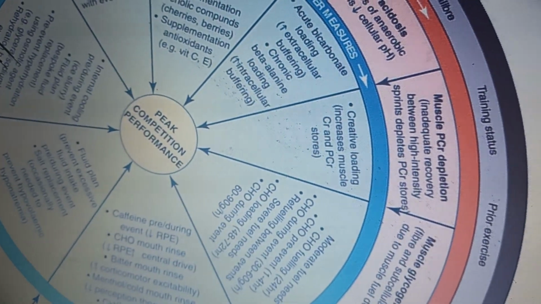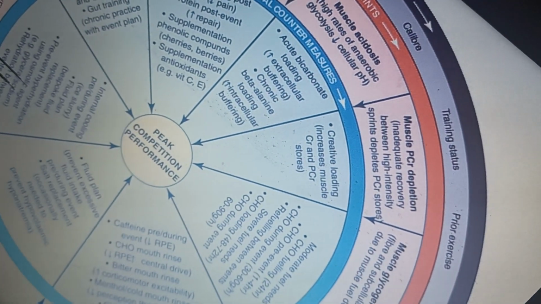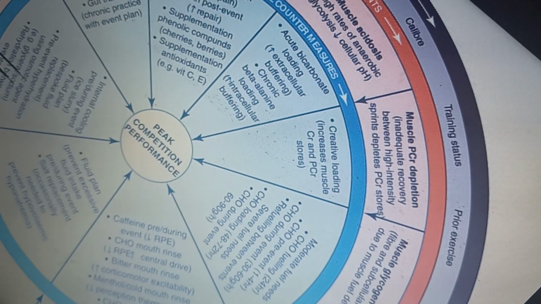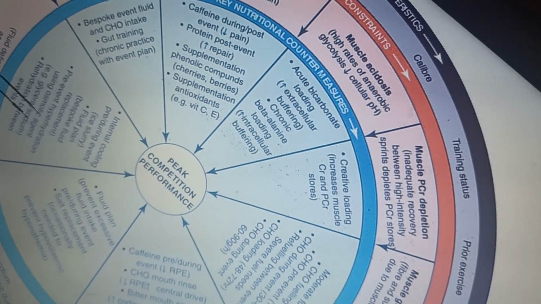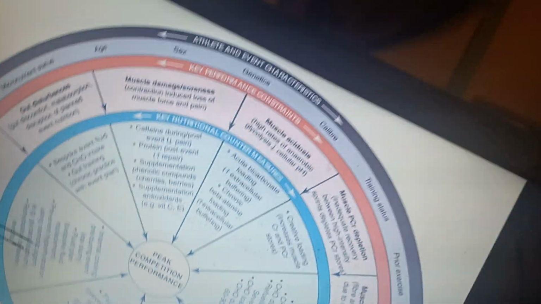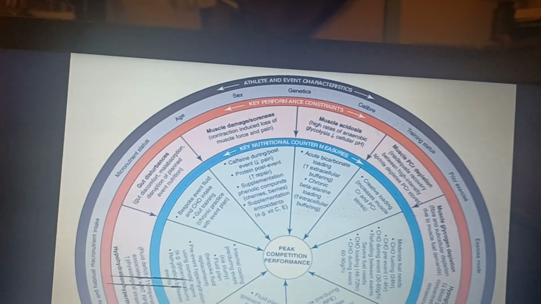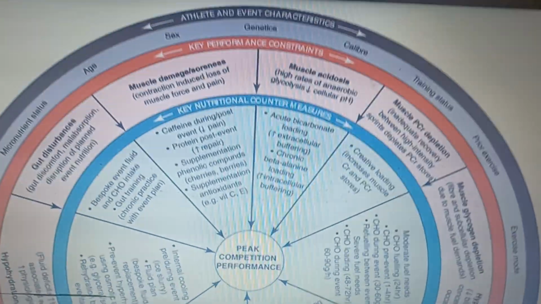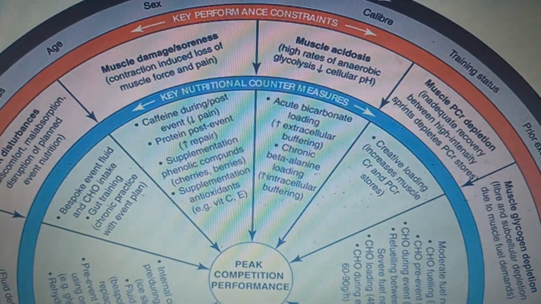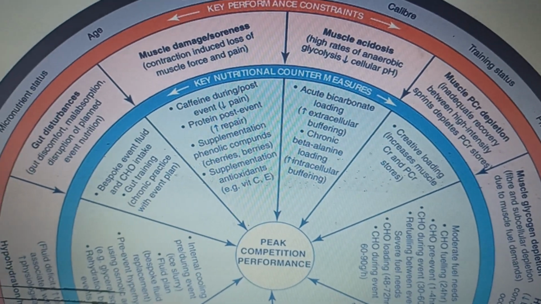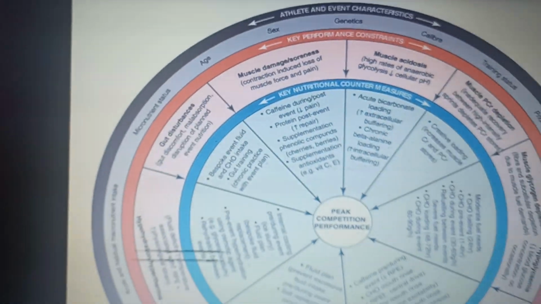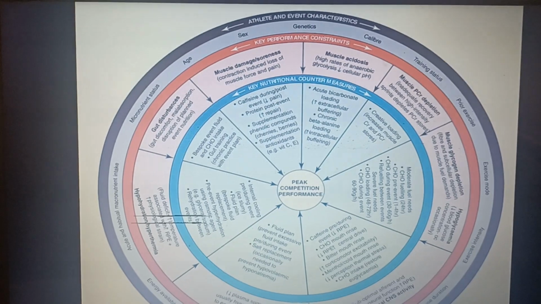So muscle PCR depletion, if this is happening quite quickly within that first system where we want quick ATP production, then let's get creative in our loading and increasing the muscle creatine and PCR stores. It's very cool.